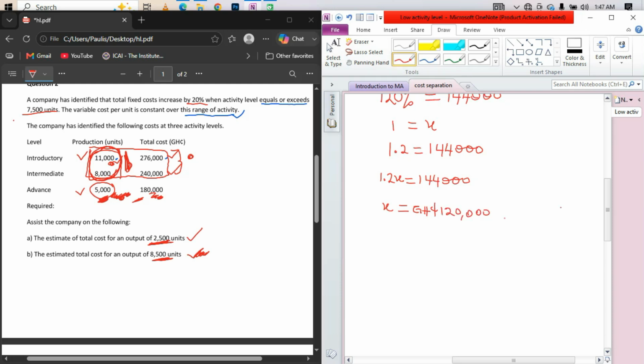and S will give us 120,000, where S is the fixed cost for the activity level below 7,500.